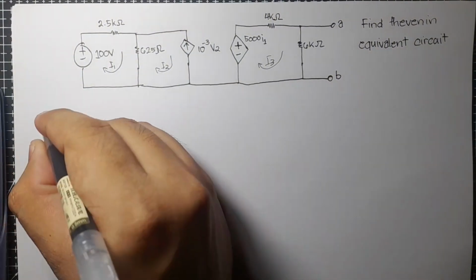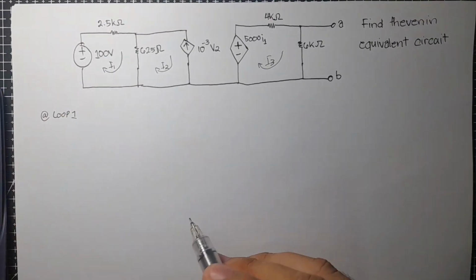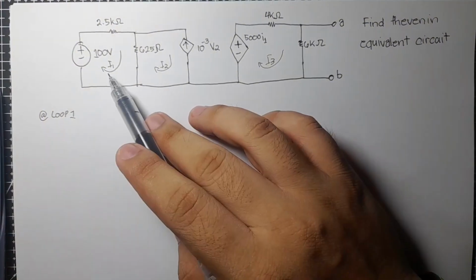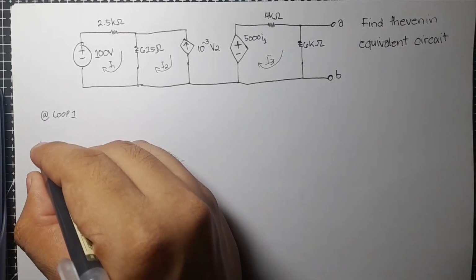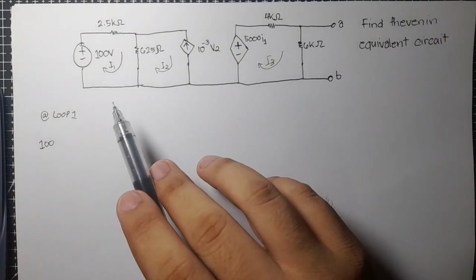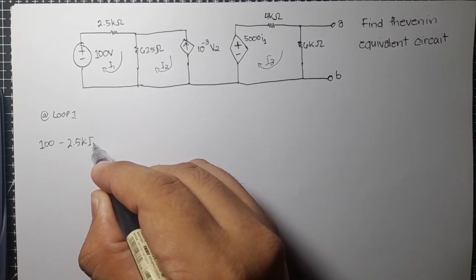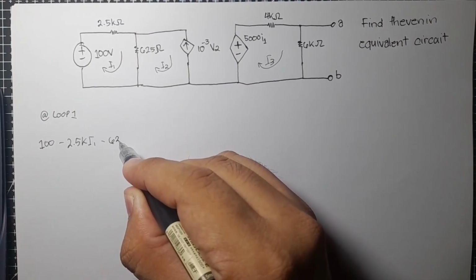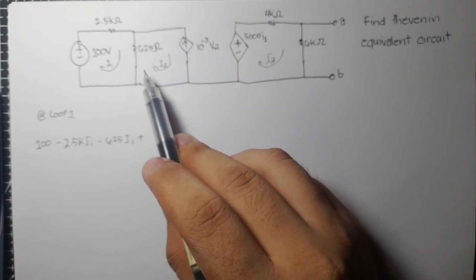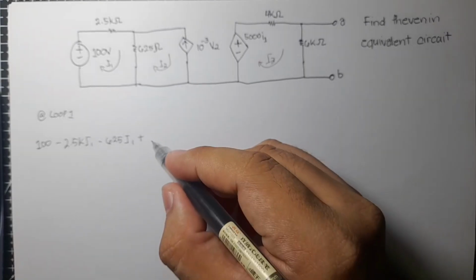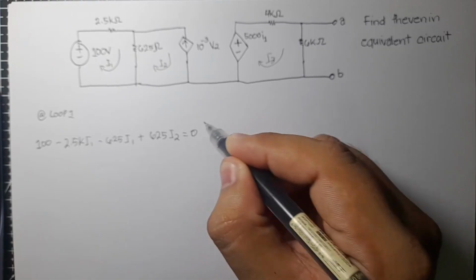So at loop 1, we have current I1 going in the negative out to the positive, so it's a positive 100, minus the voltage drop of 2.5k I1, minus 625 I1 plus, since the 625 ohms is shared, plus 625 I2 equal to 0.